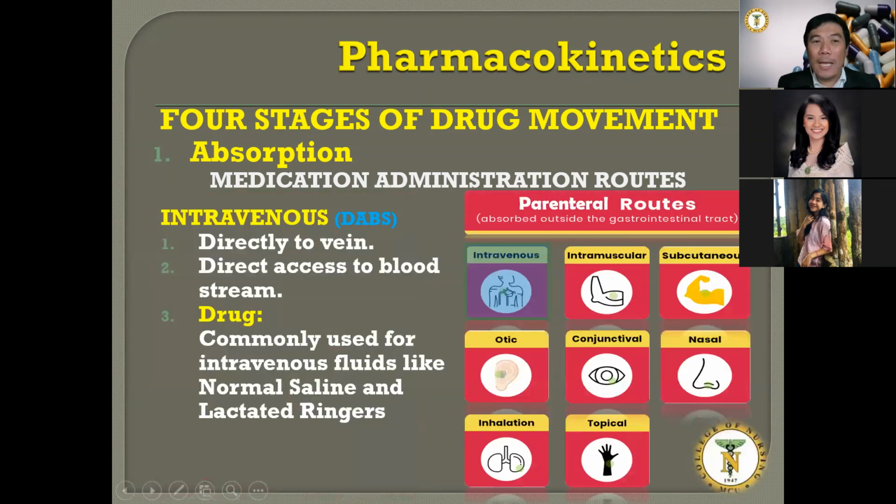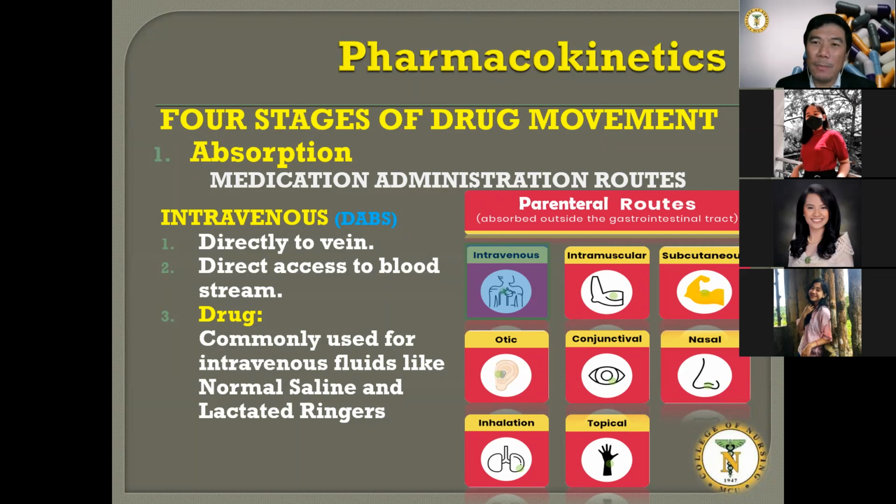Now, we have ended the enteral routes. Let us now have a review of the four. What is the mnemonic for oral? If you can still remember, it's Kasgip.